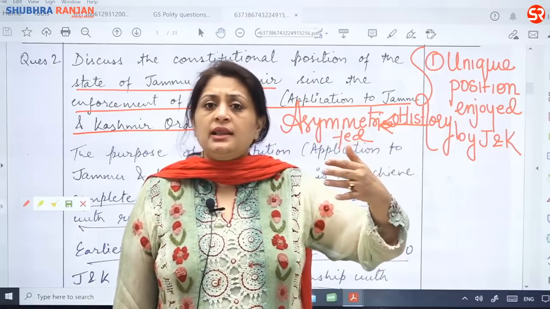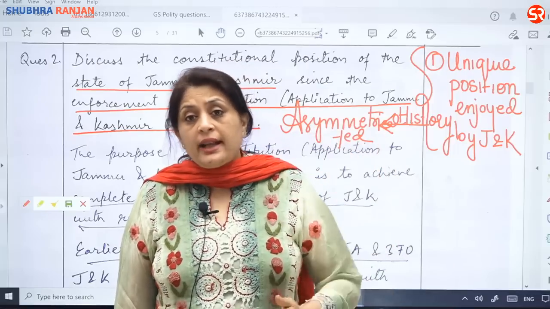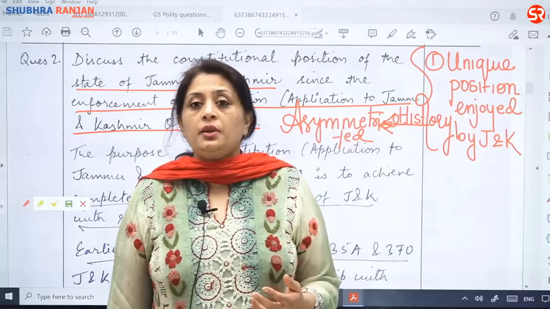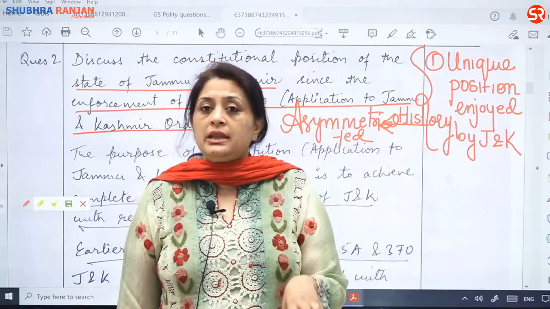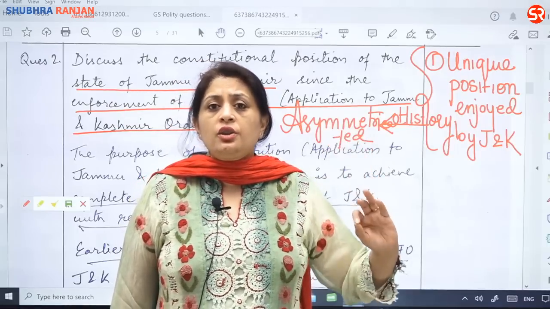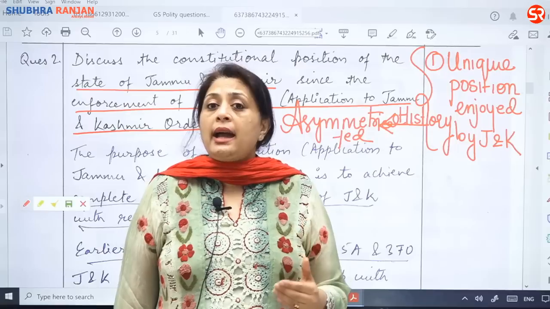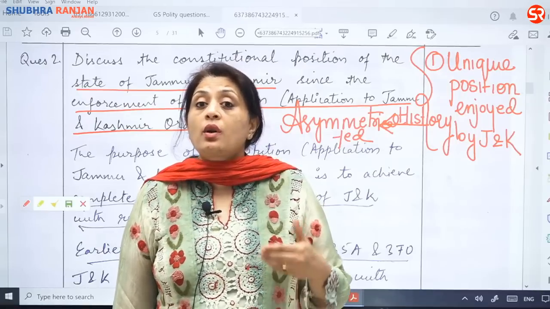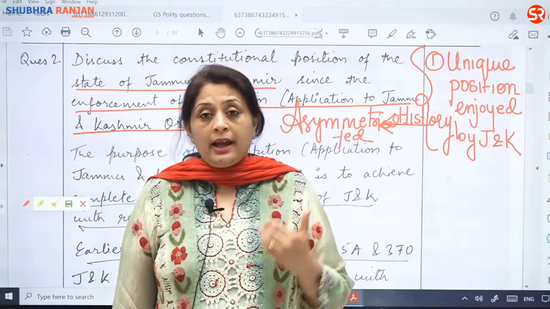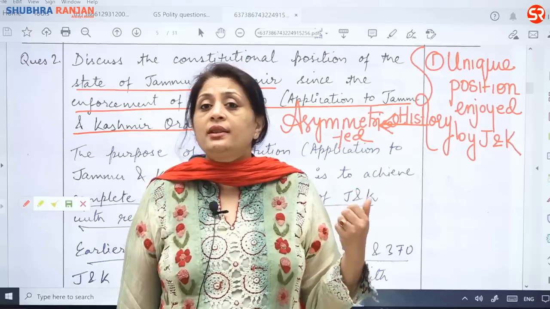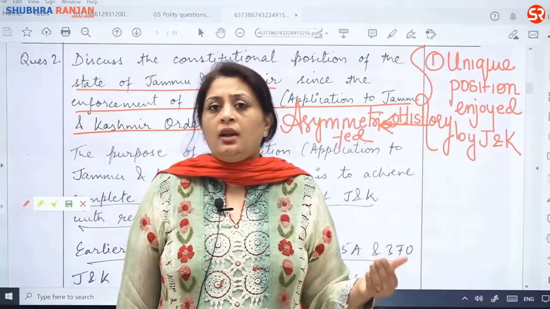So since the mid-80s till present, the government of India has been maintaining the autonomy status of Article 370 and has been defending or managing the war of attrition.